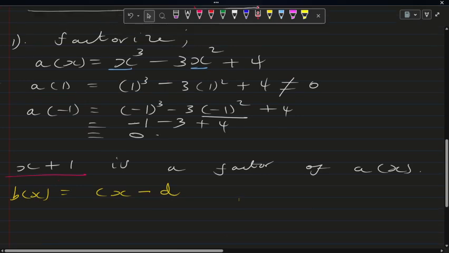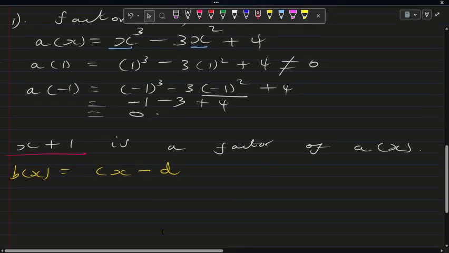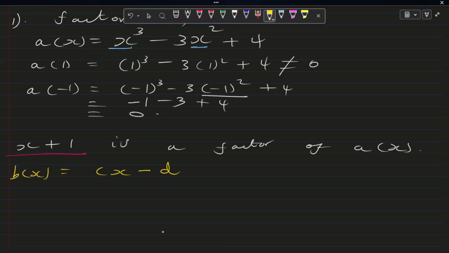You will recall that when I was discussing the remainder theorem, we substitute the value of d over c into the function, and then we obtain a remainder from that.